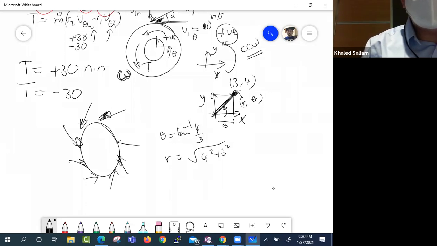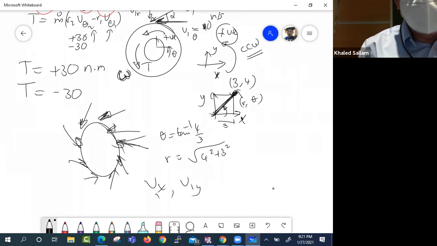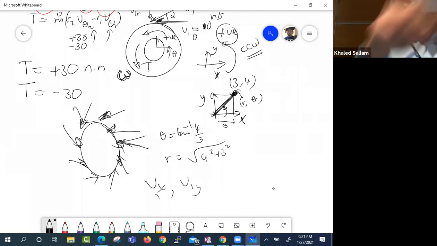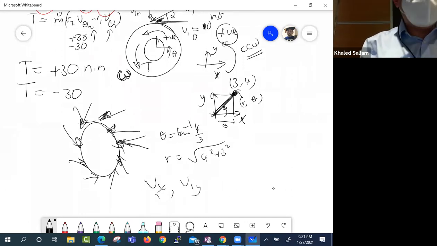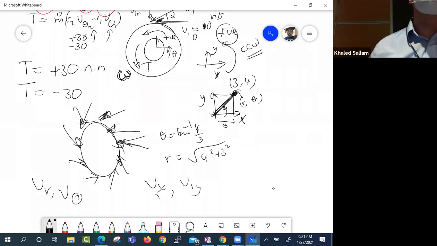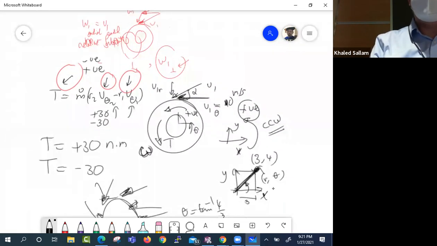So if I try to explain that velocity vector by x and y, I will go crazy. Because what is V1x and V1y? Each one of them, the Vx and Vy will be different. But if I describe that velocity field by Vr and V theta, it's going to be the same everywhere. So that's why they use the polar coordinate system for turbo machines, and that's why the equation is written like this.